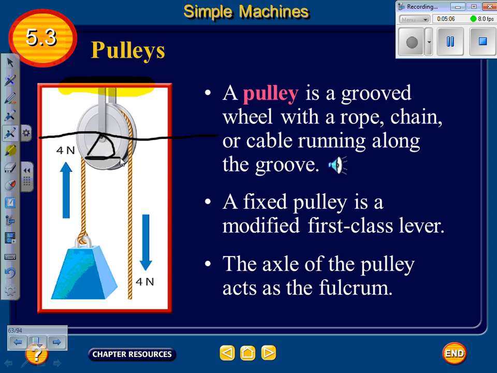A fulcrum is usually expressed as a triangle, think of a seesaw. Here's the fulcrum, and here's your input force. You're pulling down on the rope here with 4 newtons, and you're able to lift 4 newtons worth of weight, or apply a force of 4 newtons.